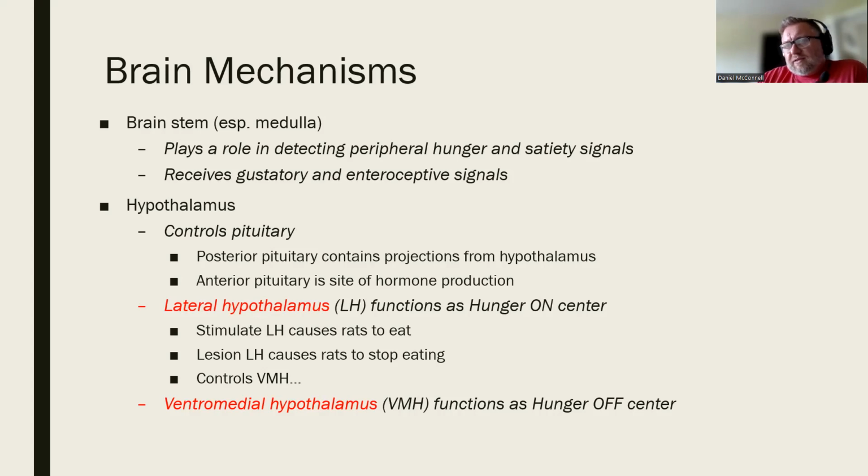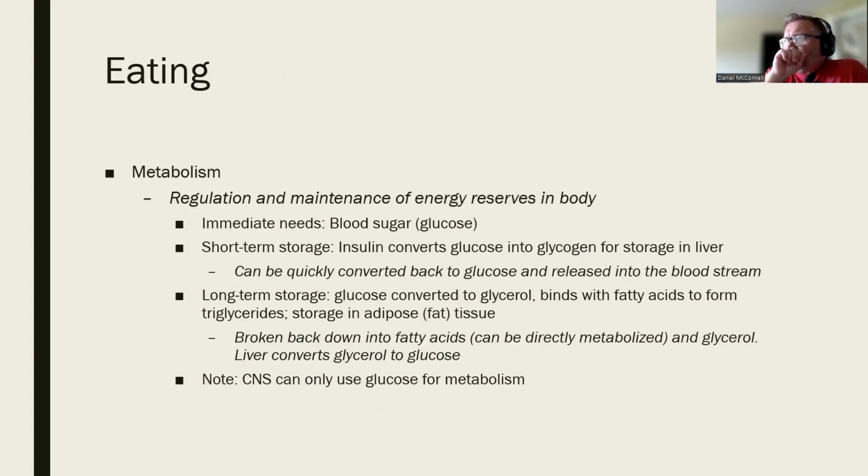This is more towards the belly middle side of the hypothalamus. This is actually a separate thing called the hunger-off part of the brain. If we activate the ventromedial hypothalamus, that also causes the stopping of eating behavior, cessation of eating. There are clearly interactions between the LH and the VMH.